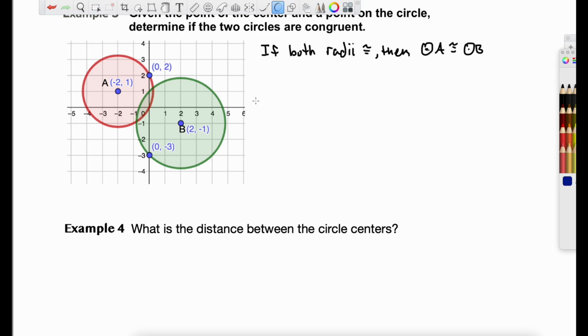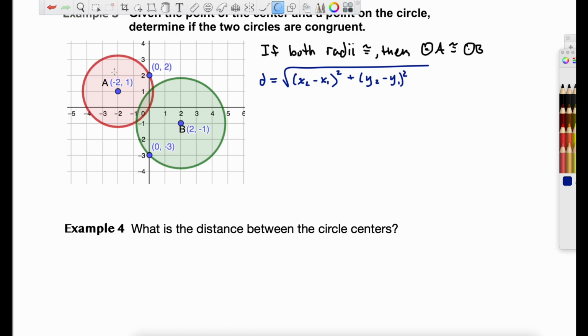So I'll do one using the distance formula, for A, and the other I'll do for B using the Pythagorean theorem. So let's do the distance formula for A. I'll just rewrite it: x2 minus x1 squared plus y2 minus y1 squared.